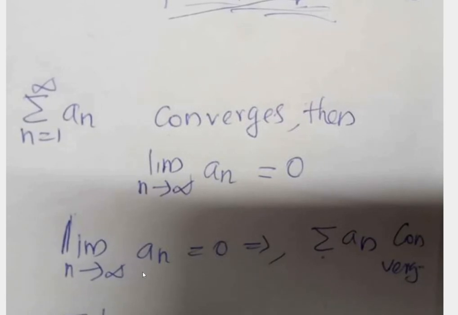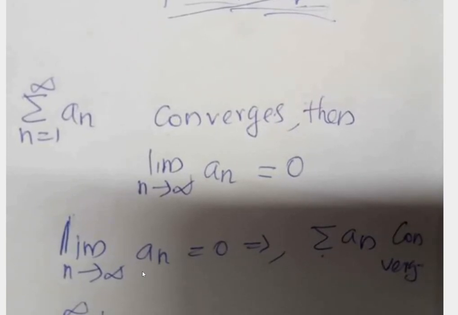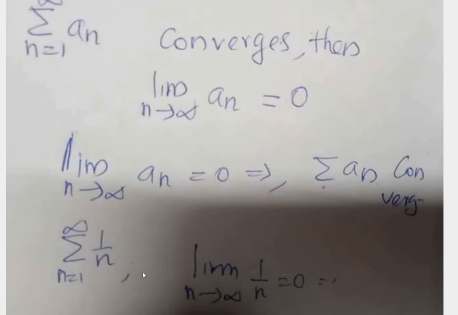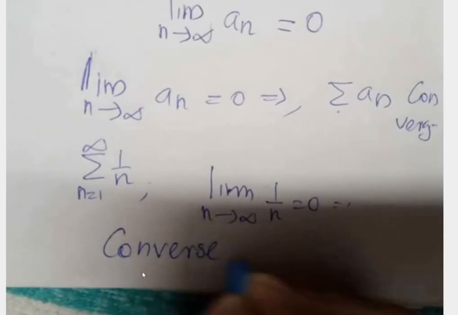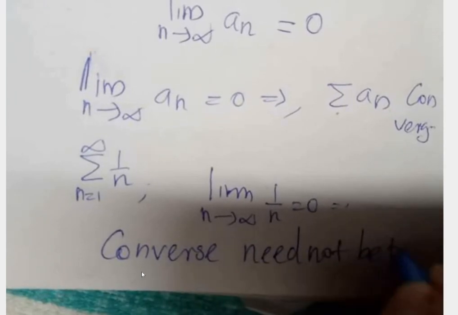Limit n tends to infinity 1 by n equal to 0, but we know that the series diverges. So the converse need not be true.